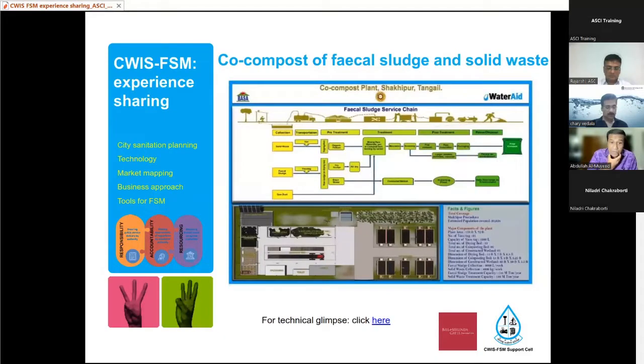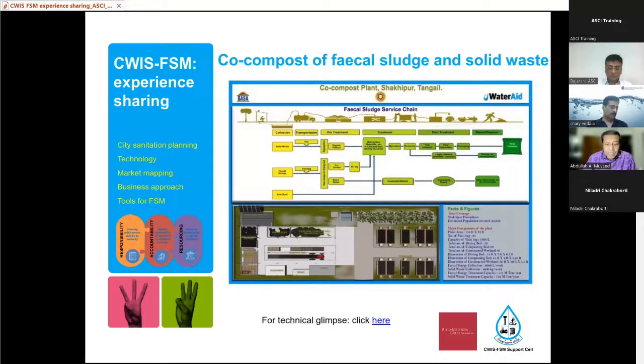Considering the Sakhipur experience, a very ground level experience, I have taken today a few grassroots level points which are related with the whole CWIS lens: the responsibility, accountability, as well as some resourcing.